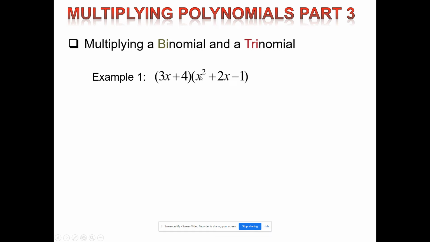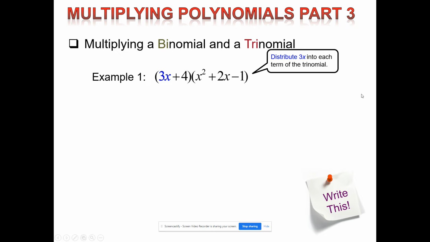So just like before, what we need to do is multiply both of these terms to all three of these terms. So I'm going to distribute 3x and then distribute 4. Okay? So I'm going to distribute 3x first. So that would be 3x times x squared, which, if you know what it is, you don't really need to show this.